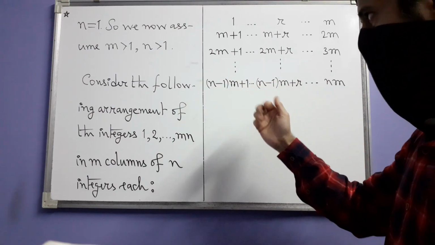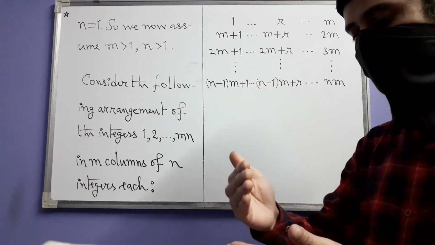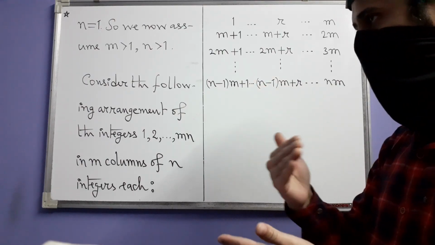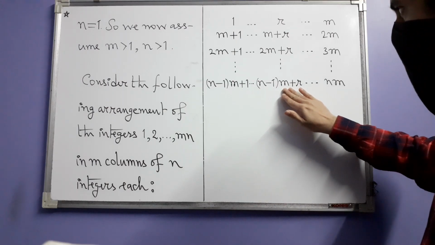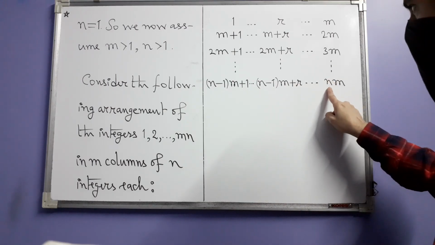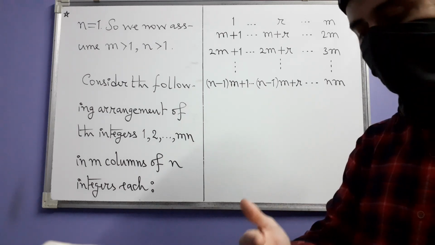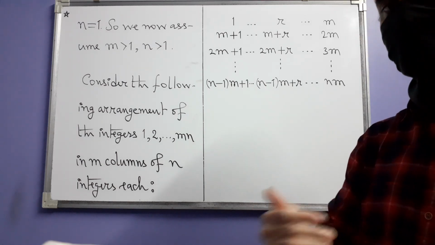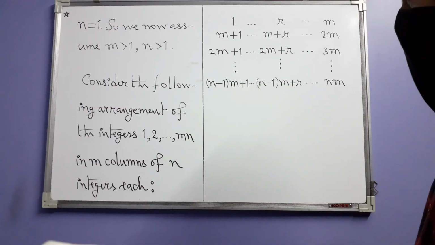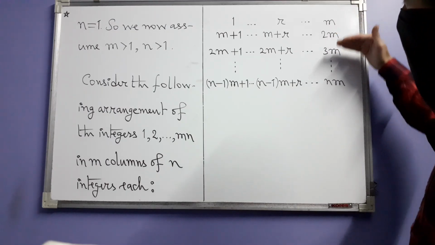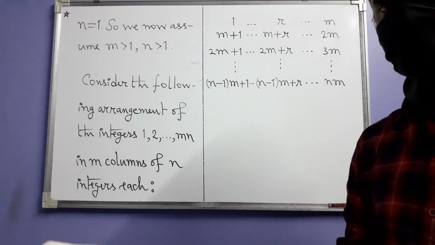Then the next one, which you don't see here, will be (n minus 1) times m plus 2. Okay, and for the rth one, it is that thing plus r, and finally this one, nm: (n minus 1) times m plus m, so that becomes nm. In fact, that's how you get these other entries in this last column also.